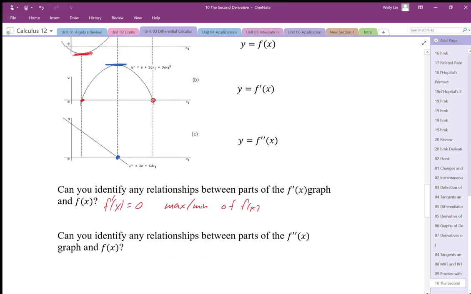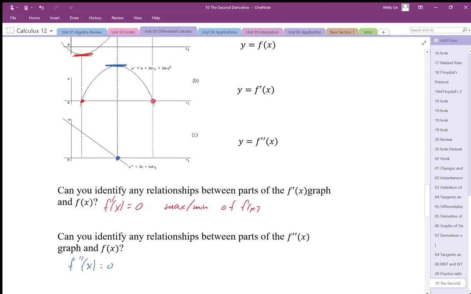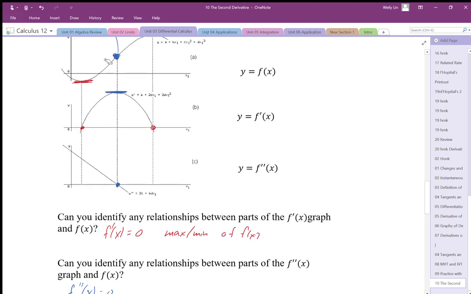Okay, so when we talk about the parts of the second derivative, where the second derivative equals 0, we're actually talking about this. There's this potential change of what we're going to call concavity.